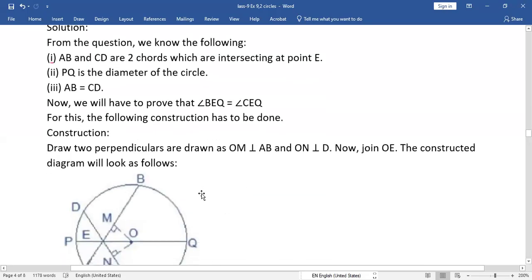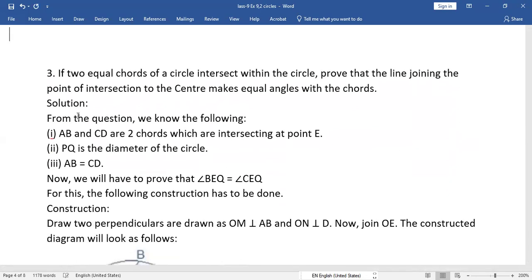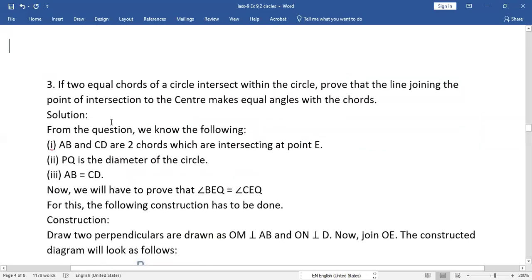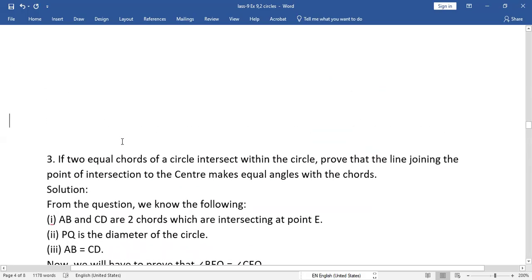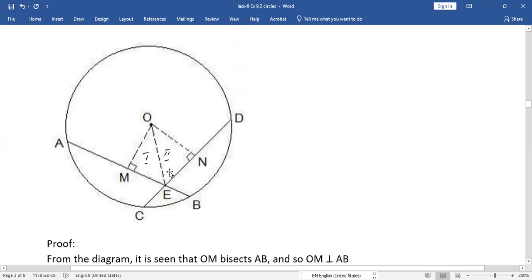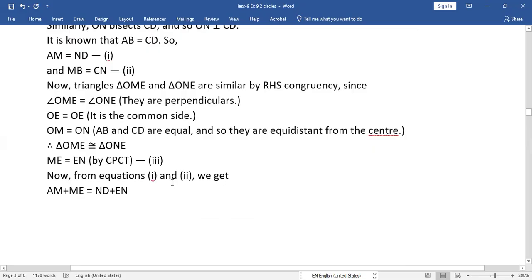Okay, third question. Now the figure is only one figure for this exercise.